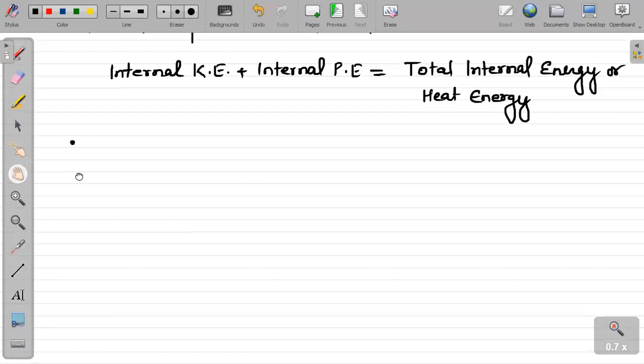Effect of temperature on molecular motion. We have read that molecules of each substance possess kinetic energy by virtue of their continuous motion.